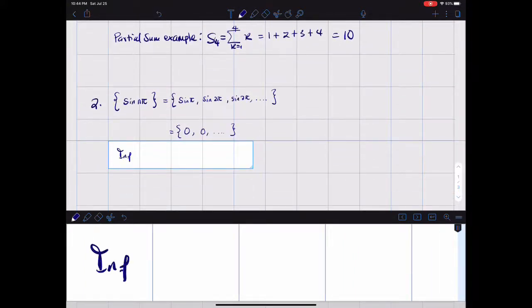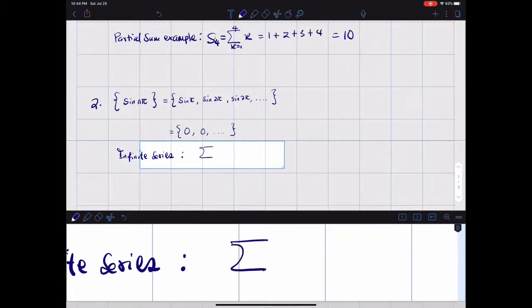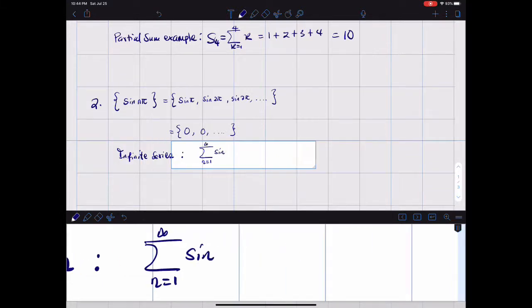Well, let's talk about the infinite series: the summation, little n from 1 to infinity, of sine of n pi.